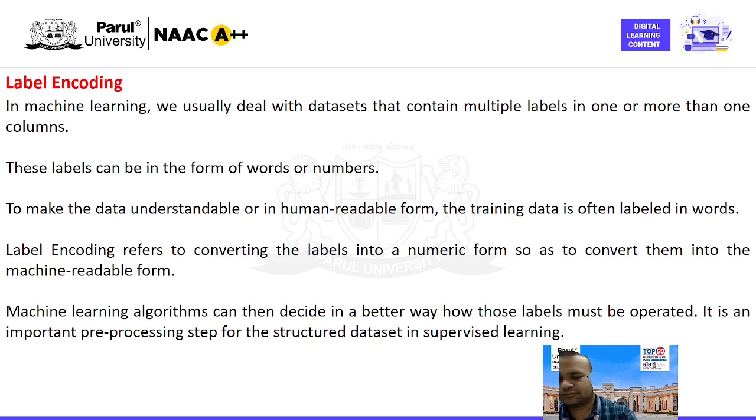Now, label encoding. In machine learning, we usually deal with a dataset. Obviously, we all know that without a dataset we cannot deal with machine learning. If you want to develop any machine learning model, firstly we need the dataset, and then we go with the machine learning model.